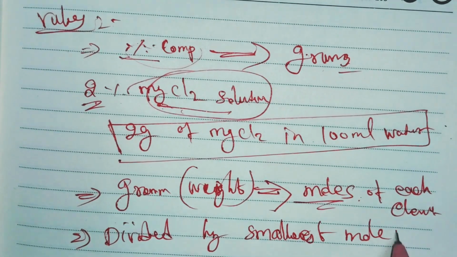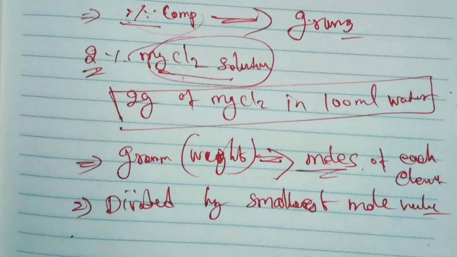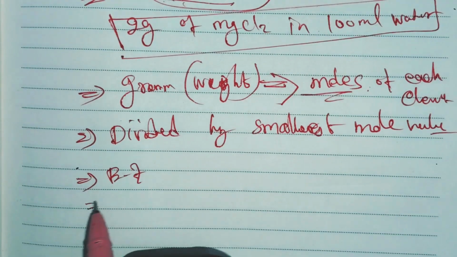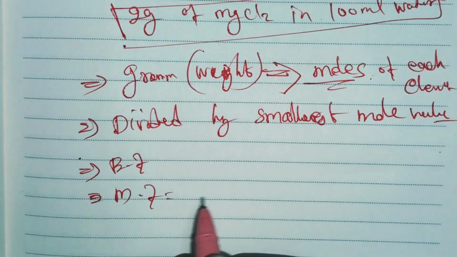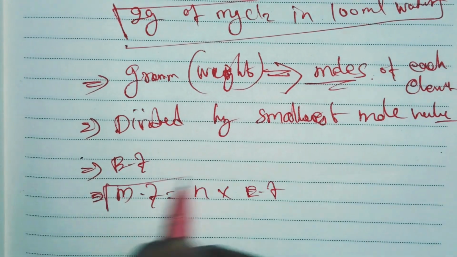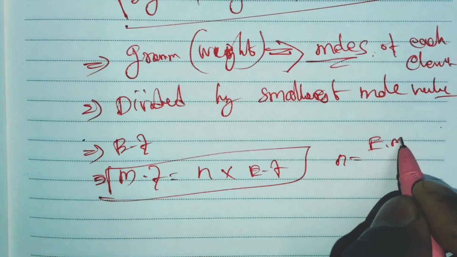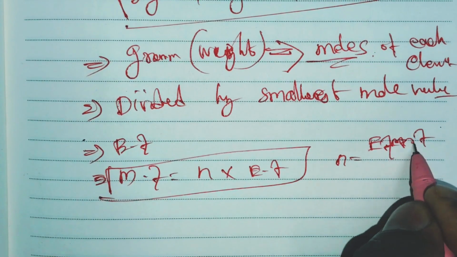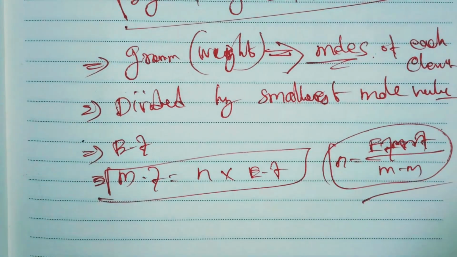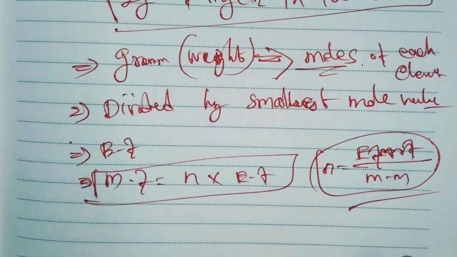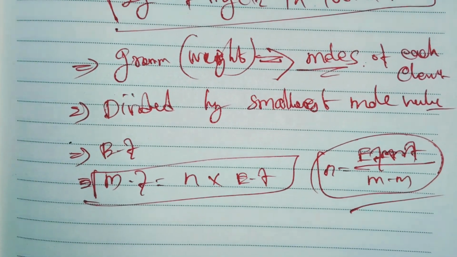Then we get the empirical formula. Then the molecular formula is equal to n times the empirical formula. The formula for n is the empirical formula mass divided by the molar mass or molecular mass. So these are the simple steps for finding the molecular formula.